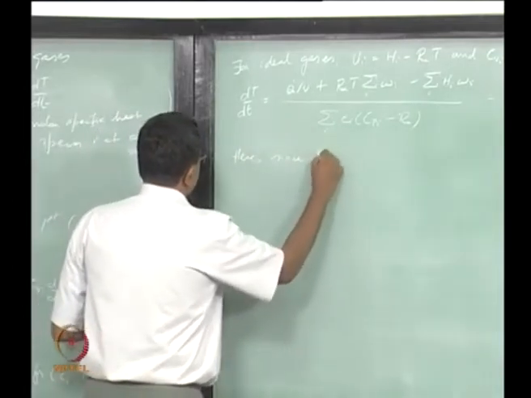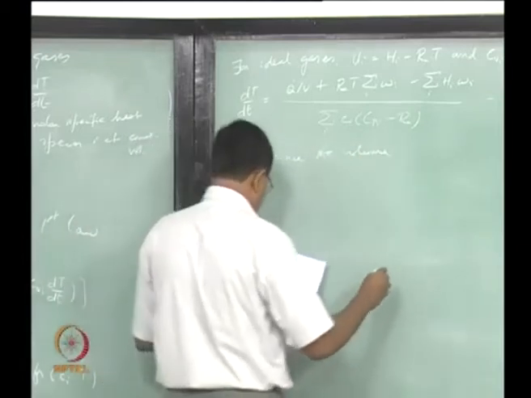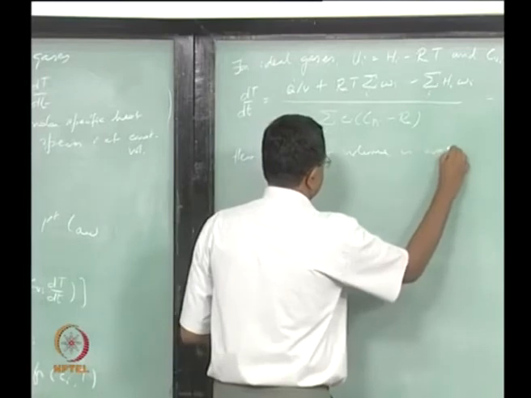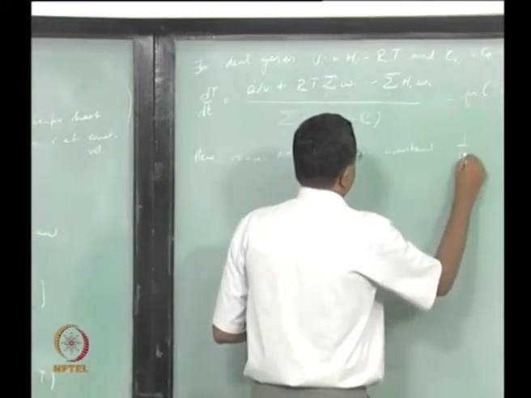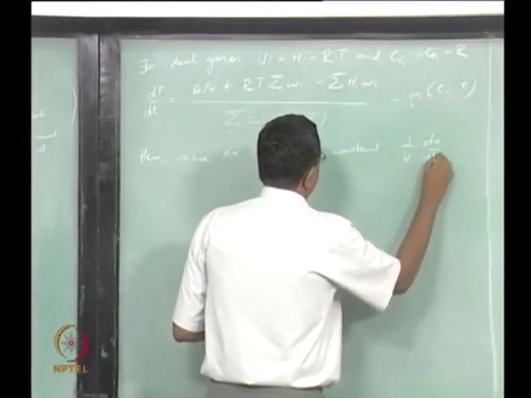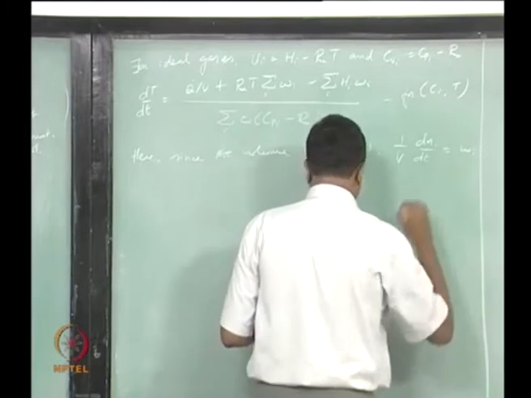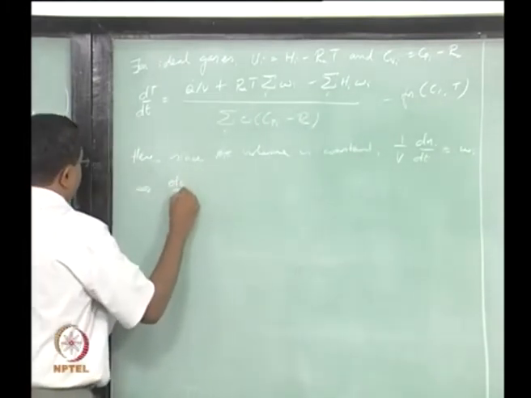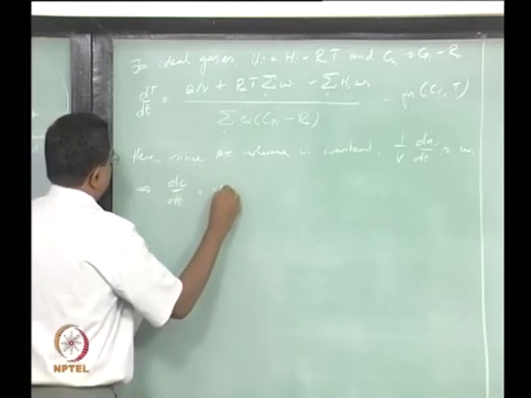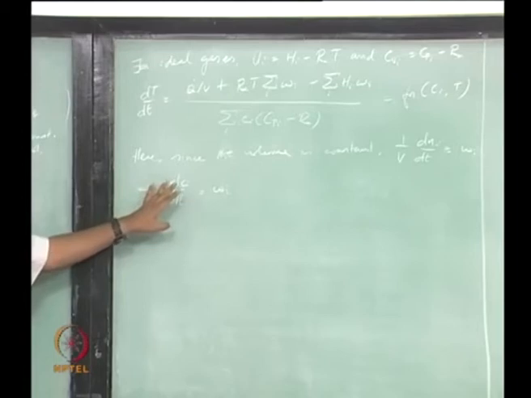Now here, since the volume is constant, one over V dN_i over dt is equal to omega_i, can be directly written as dC_i over dt is equal to omega_i. Previously we could not do this.